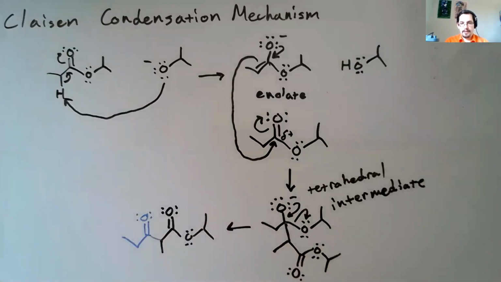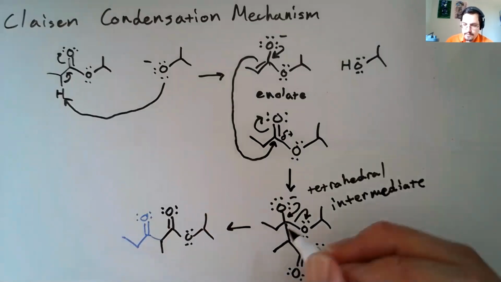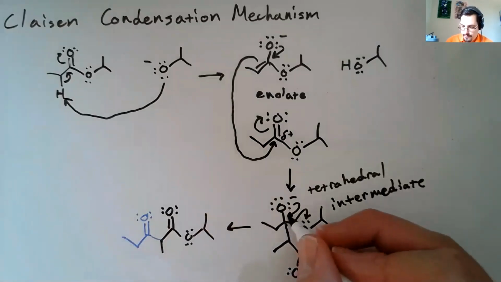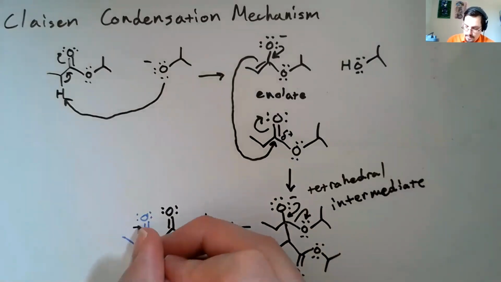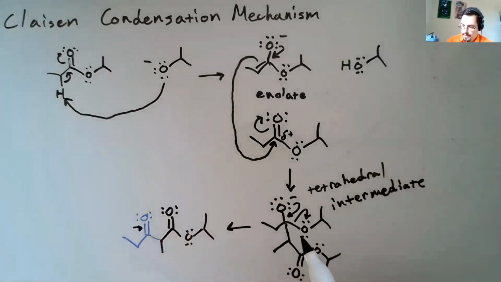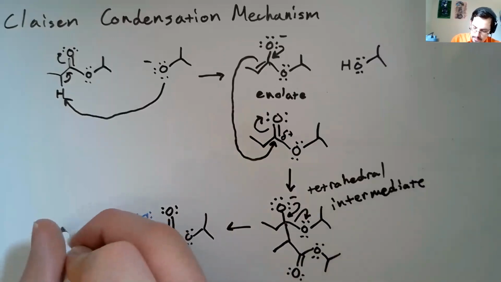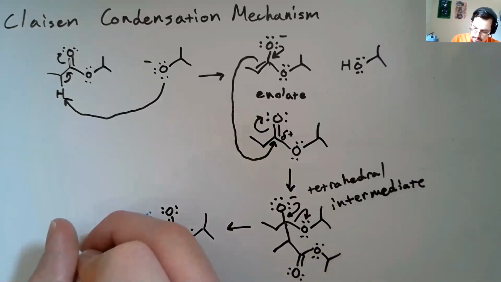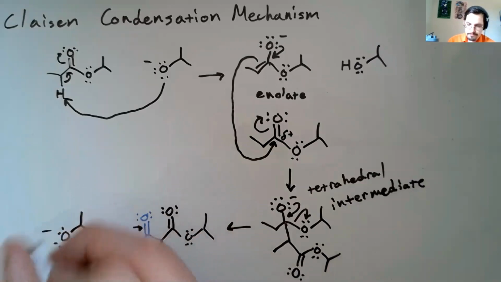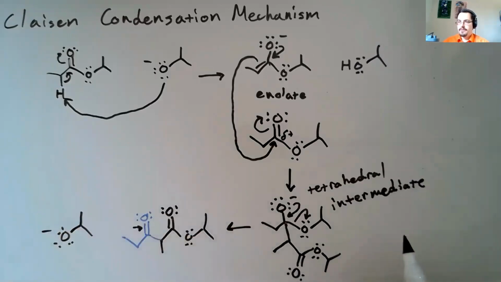So we've essentially replaced the alcohol portion with our second unit of ester, and we still keep that carbonyl portion of the ester here. So these electrons were coming down to reform that double bond. That's what ends up here. And we kicked off our alkoxide. So we also get our alkoxide.